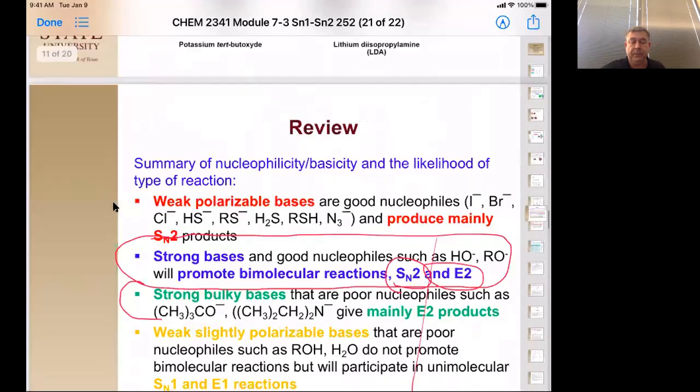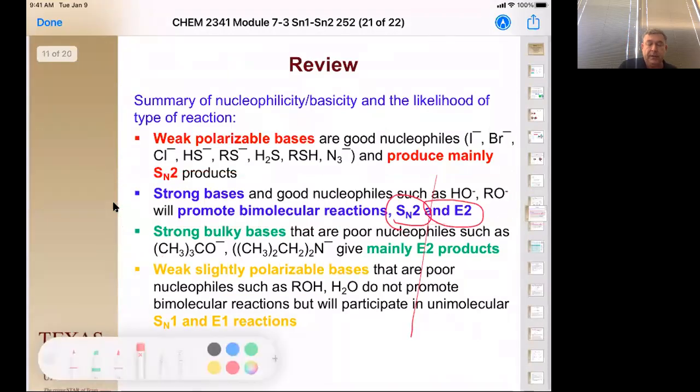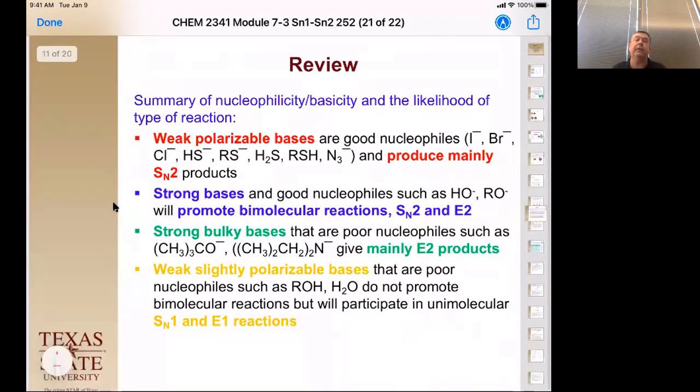All right, so what that leads to is this right here. This is a page you should spend a little bit of time making sure you understand why, okay? Weak polarizable bases mainly react in SN2 reactions, okay?